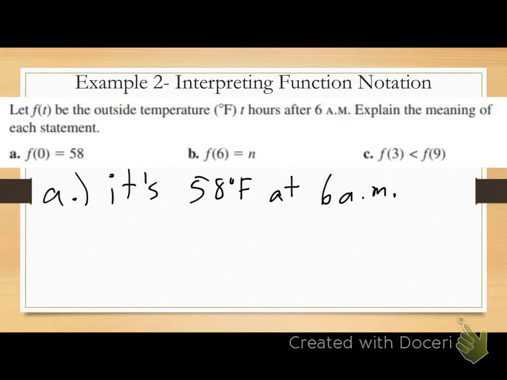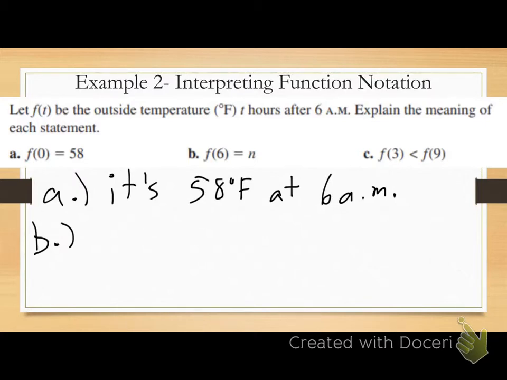Okay. Letter B. F of 6 equals n. What'd they replace the t with? 6. What does t represent? Hours after 6 a.m. So what time is it in this scenario? 12 o'clock.